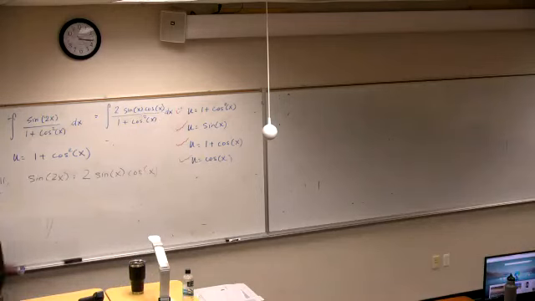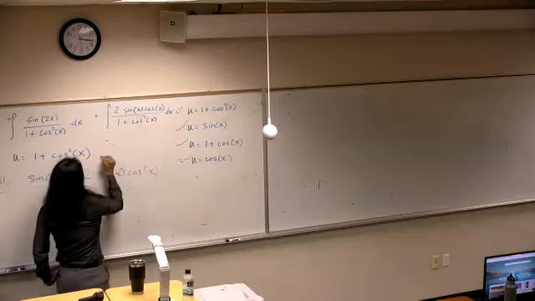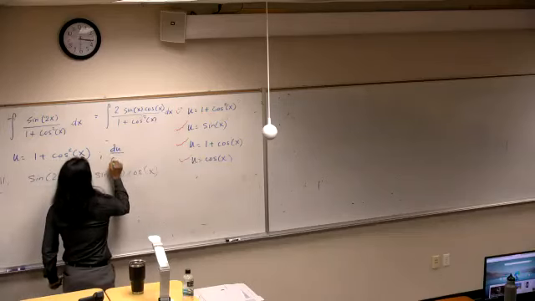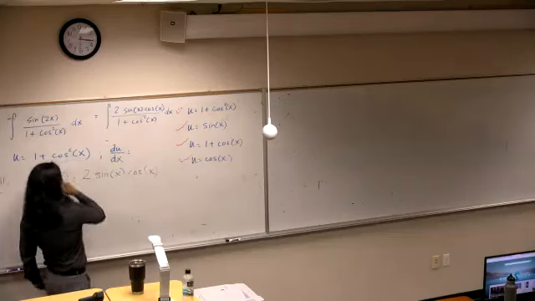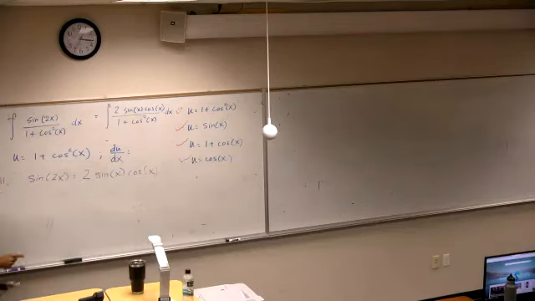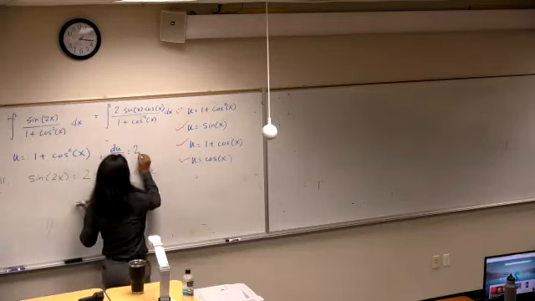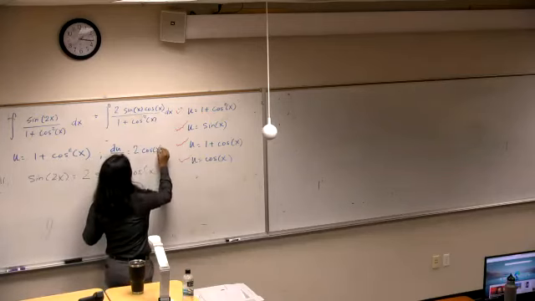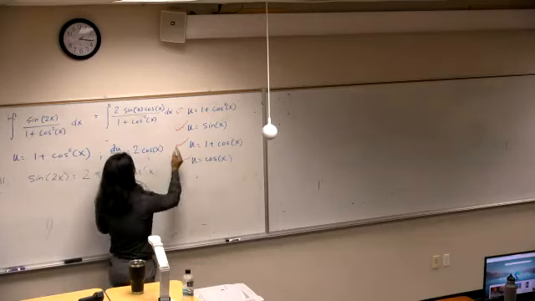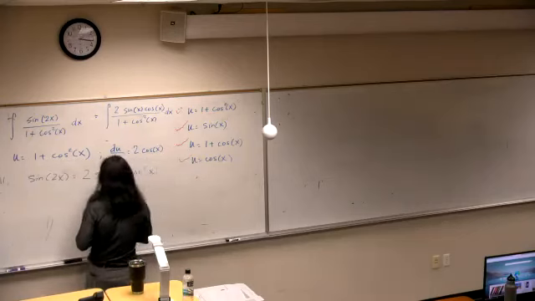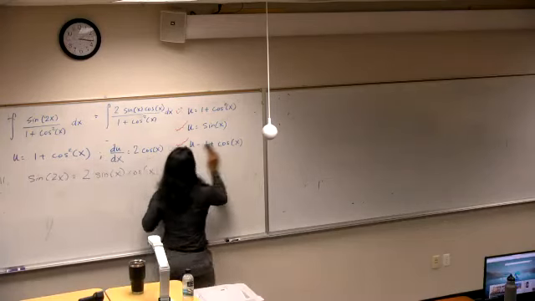If I took the derivative, du over dx: the derivative of 1 is 0, the derivative of cosine squared x is 2 cosine x, chain rule. The derivative of cosine x is negative sine x.